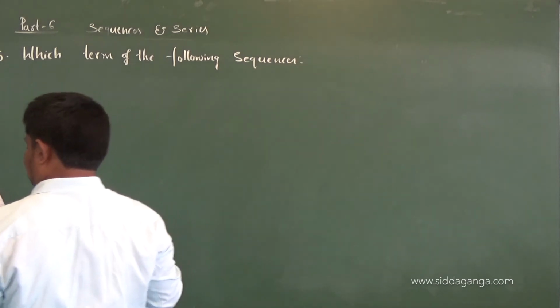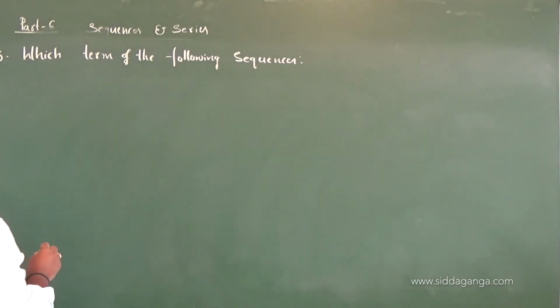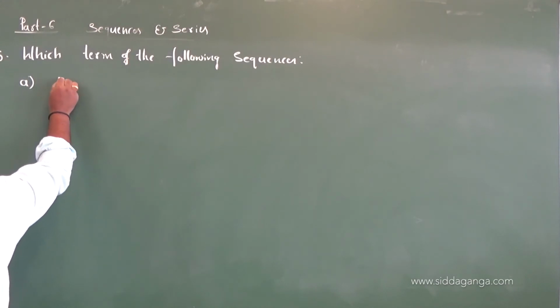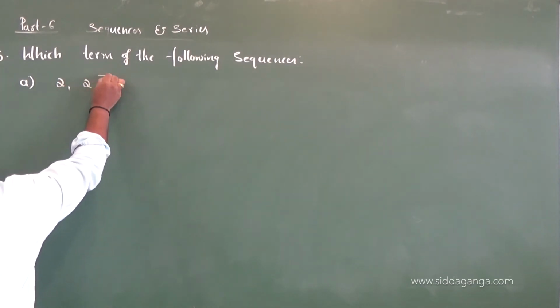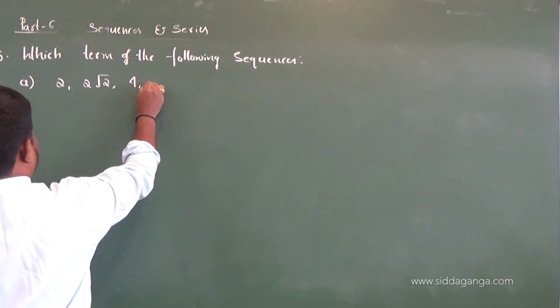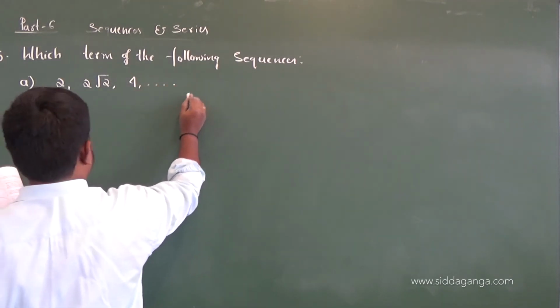First one, A: 2, 2 root 2, 4 and so on is 128.